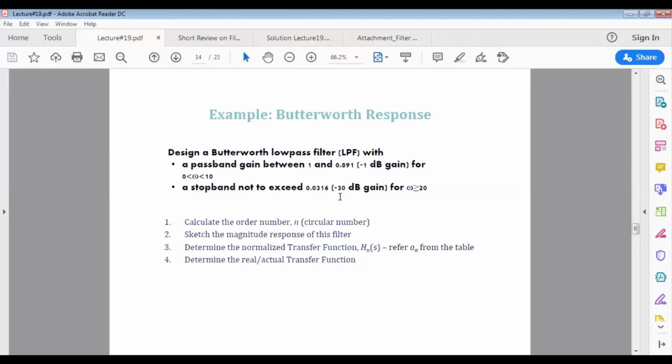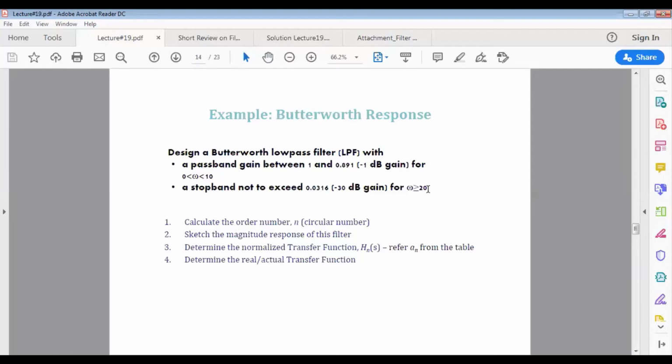In dB, 20 log of 0.0316, we are supposed to get negative 30 dB. Based on this, it is given that the stop band frequency omega S shall be equal to 20. From these questions, we have obtained the important parameters: alpha P, alpha S, omega P, and omega S.